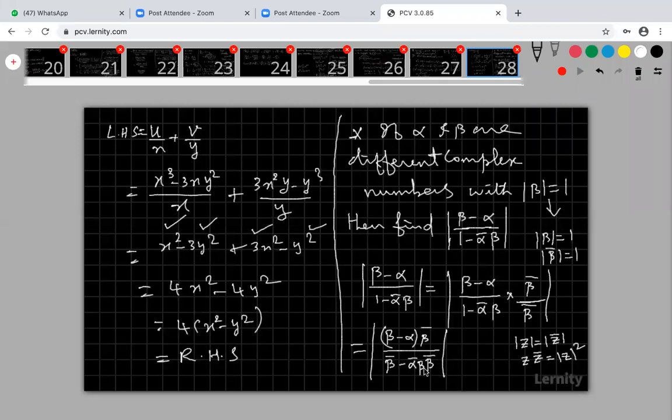Beta into beta conjugate equals the modulus of beta square, which is nothing but 1. So this is totally 1.